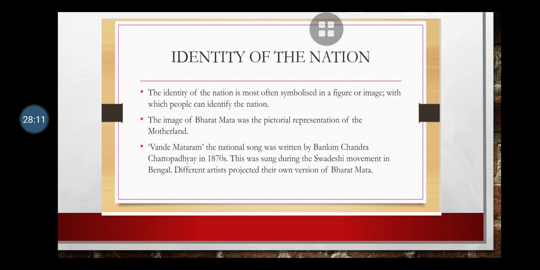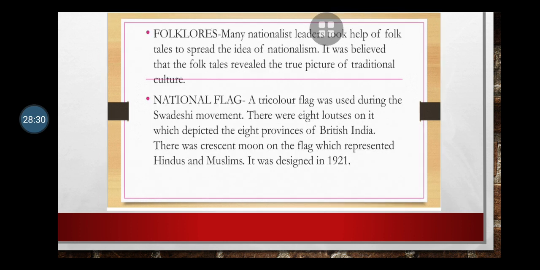The image of Bharat Mata was a pictorial representation of the motherland. Yes, I was talking about the French allegory, the Marianne. Vande Mataram, the national song, was written by Bankim Chandra Chattopadhyay in the 1870s. This was sung during the Swadeshi movement in Bengal. Different artists projected their own versions of Bharat Mata.